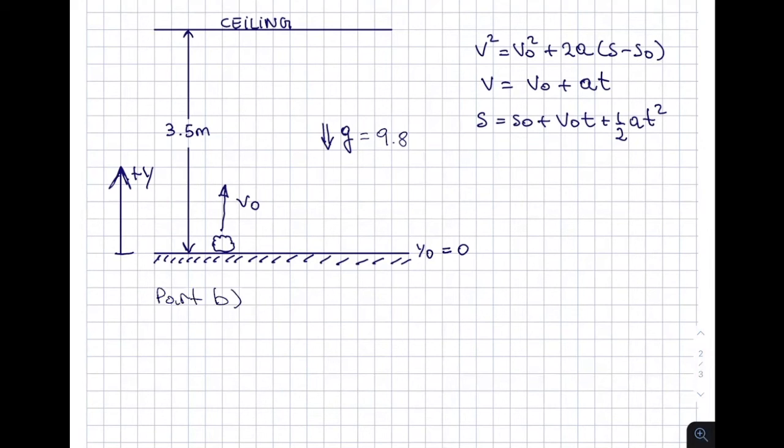So this means v final is 0. So in order for this to happen, what is the initial velocity that I must give it? That's the problem asking.